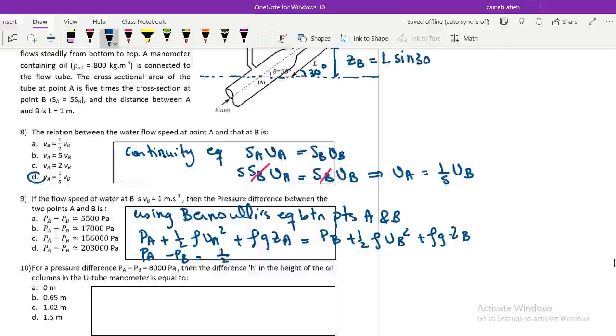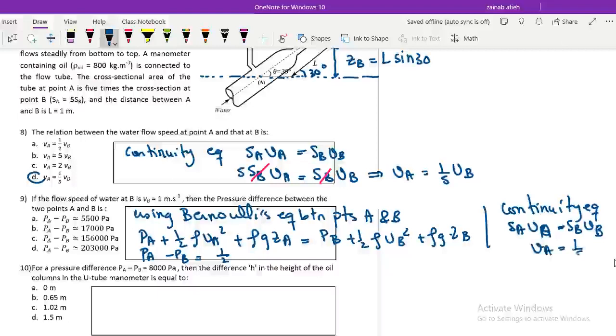Let's write here the continuity equation so that I can substitute directly. It gives me that SA VA is equal to SB VB. So I will get VA is equal to 1 over 5 VB.